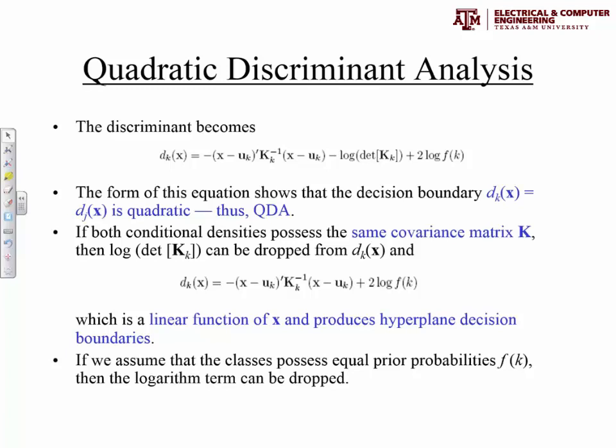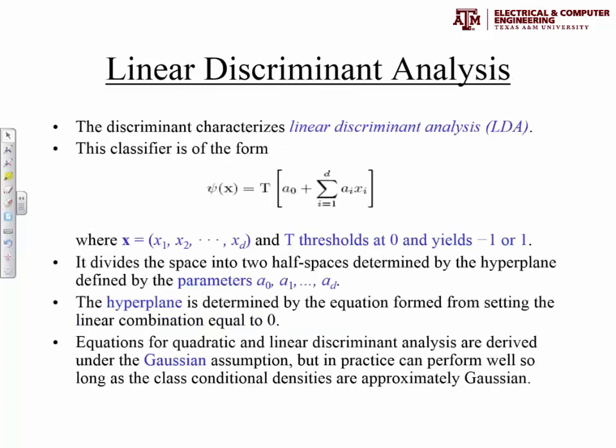So now you can go a step further. If you assume that both the classes have equal prior probabilities, that is fk, even this term will drop out, and you're going to get a linear discriminant analysis, a straight line. So when both classes have the same prior probabilities, then the discriminant characterizes what is called linear discriminant analysis.